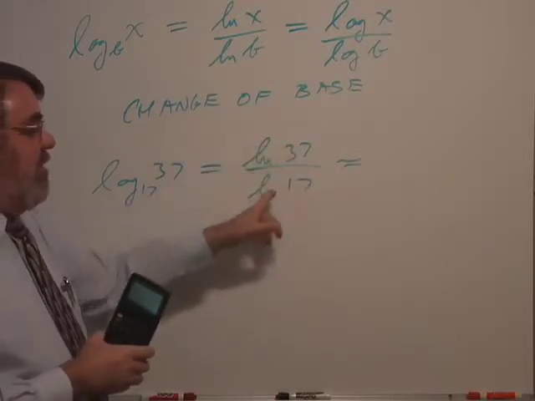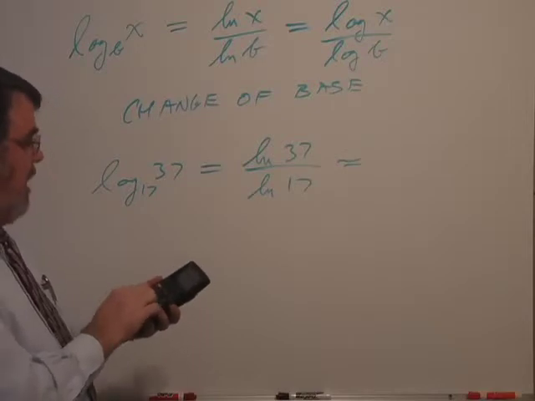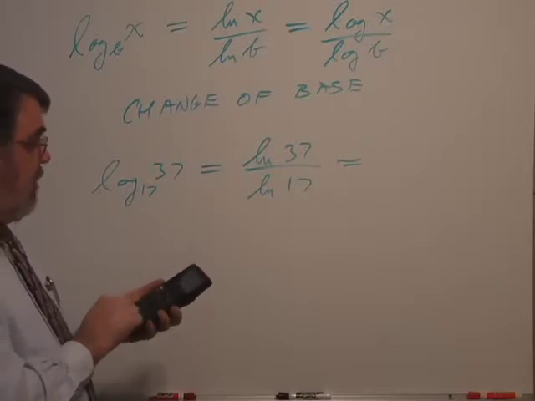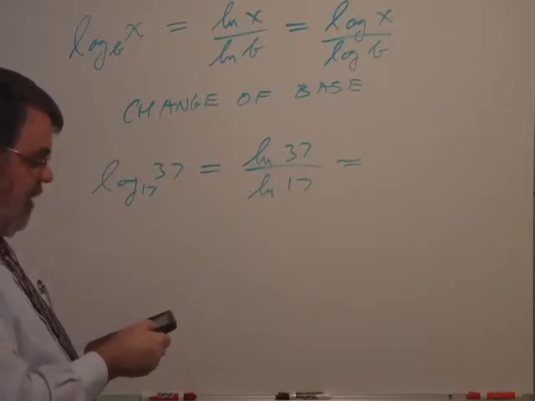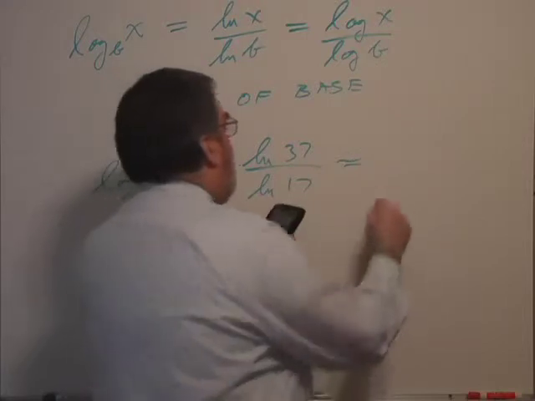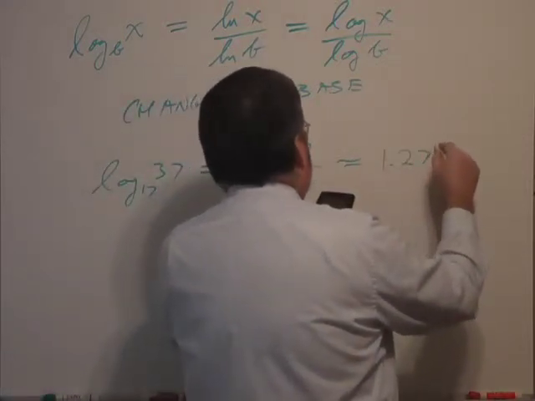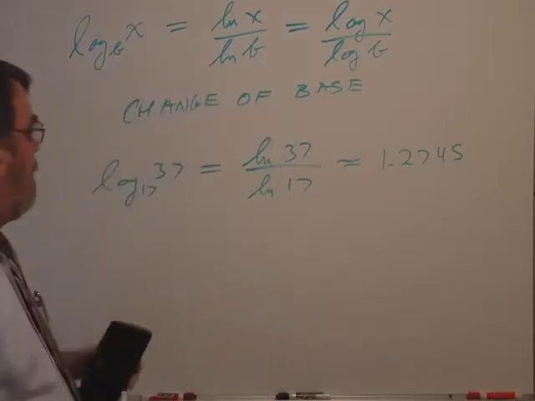Log 37 over log 17. Use the common log instead of natural log. And you'll see you'll get the exact same answer I do by using natural log. Alright, so I get about 1.27445 if we round it up to 4 places.